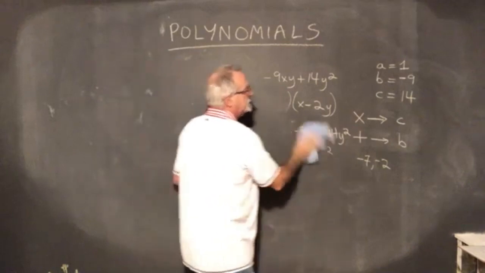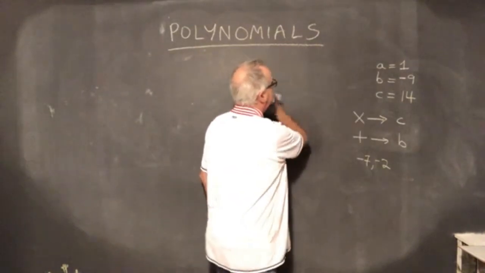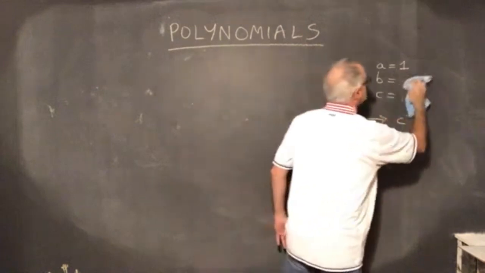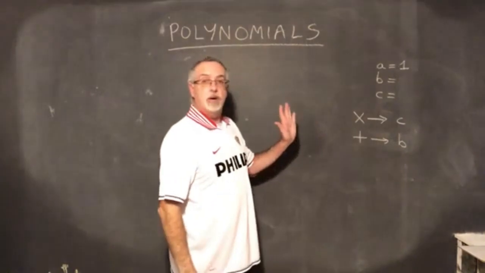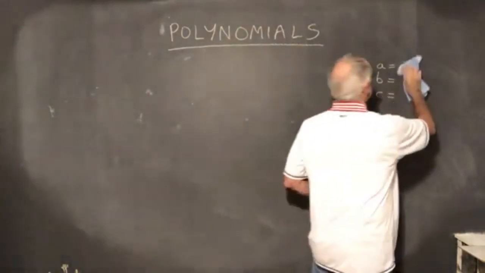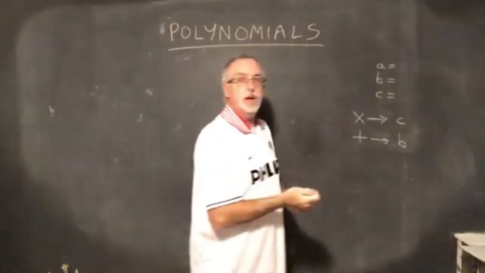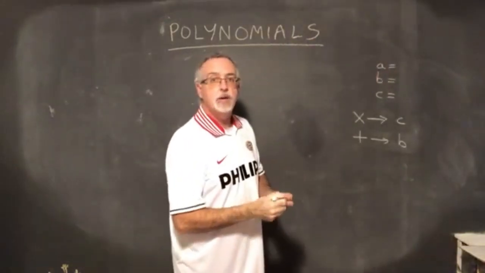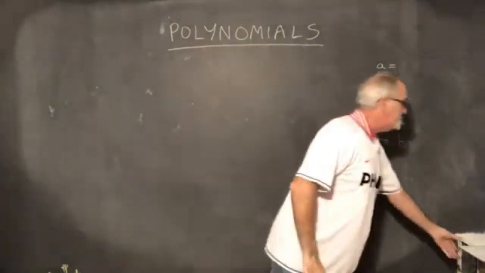And that means I don't want to erase all this stuff. I'm going to erase my B and my C and those little answers there, but I'm also going to erase my A. Because the what if is, what if A is not 1? All the examples we've done so far had A equal to 1.